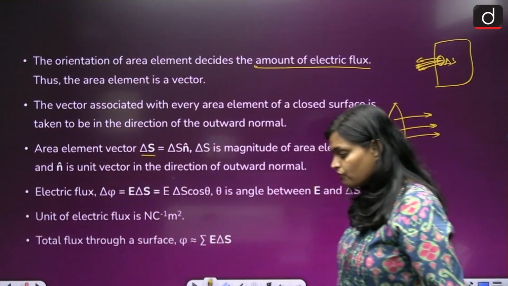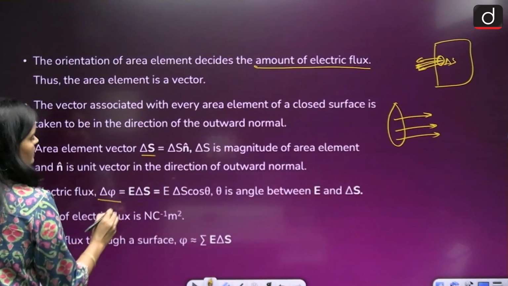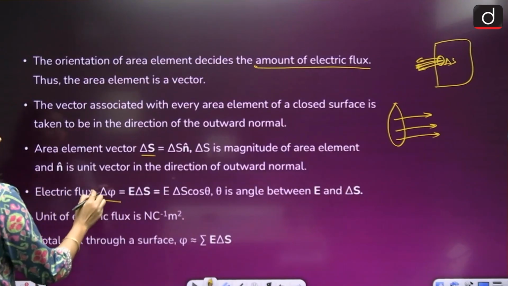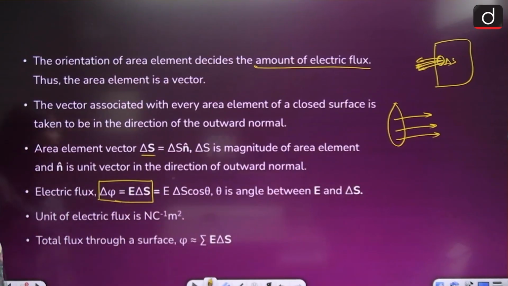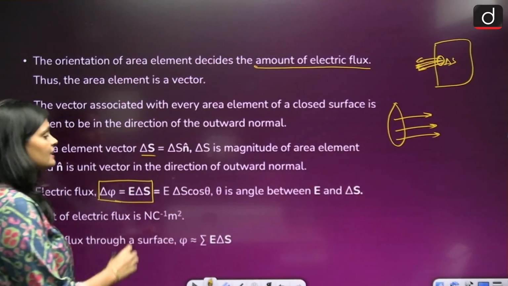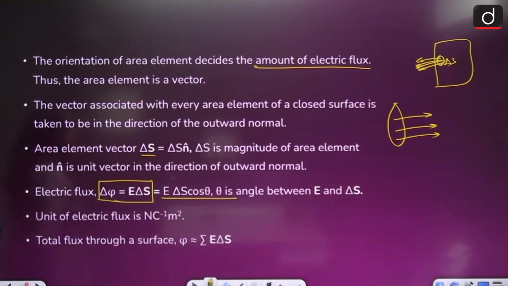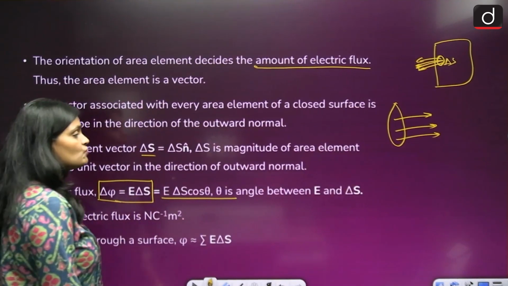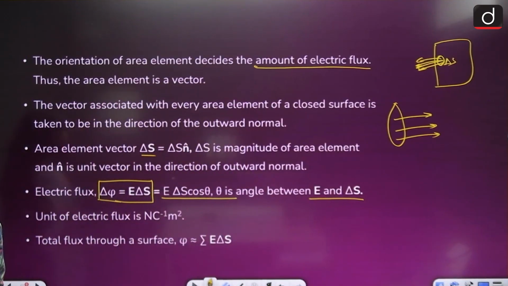Electric flux, basically phi for small, del phi is equal to E del S, right? Del phi is equal to what? E del S. So here E del S is E S cos theta. Theta is the angle between E and del S, right?